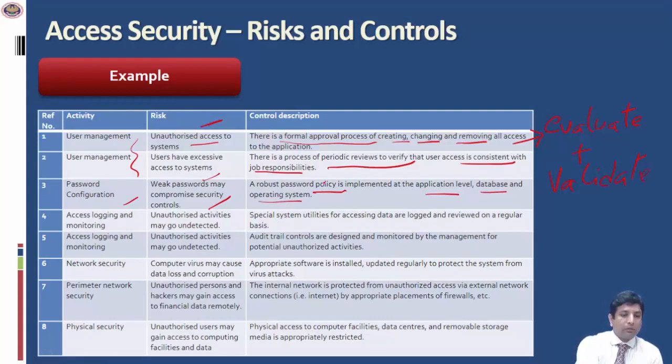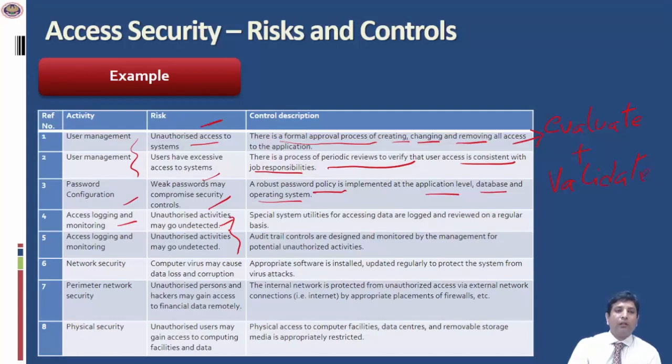Now let us look at another example. Here in the activity, access logging and monitoring. So what could go wrong here? Unauthorized activities may go undetected. As we have seen, any unauthorized activity which is performed may go undetected.